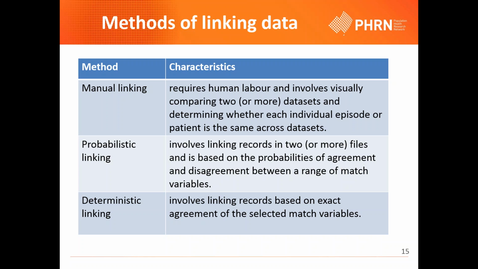And the other method is deterministic linkage, which is involving an exact match or agreement on selected match variables. That could be one variable, for example, some kind of ID number, or it could be multiple variables. So you say if it's the exact same name, address, and date of birth, then it's that person. And if any of those things are not an exact match, then there's no match. And there's also the possibility to do both probabilistic and deterministic linkage as well.